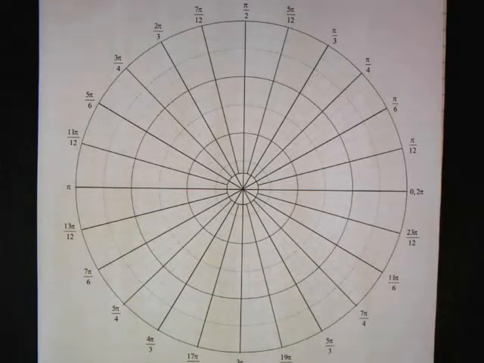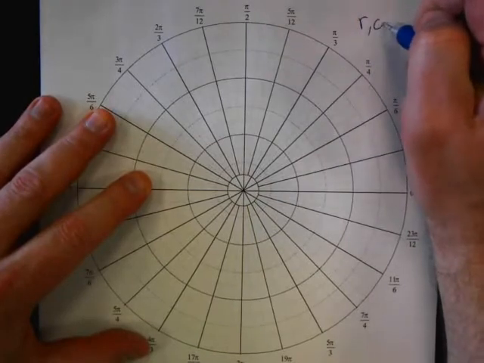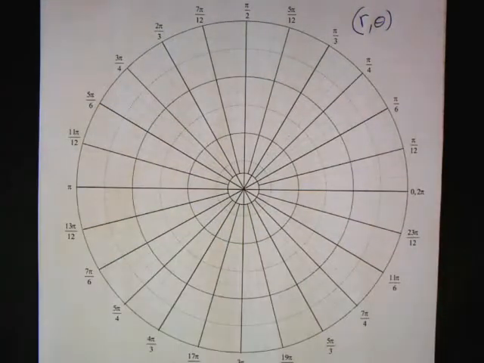The way polar coordinates work is we describe points by using two things. Instead of using x and y, we're going to use r and theta. What do you think r stands for? The radius, which is the distance from the origin. And obviously theta stands for the angle.